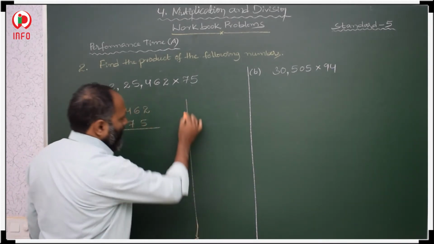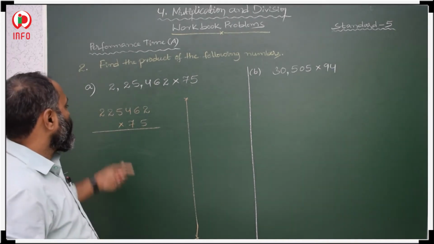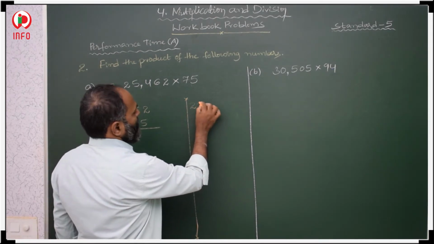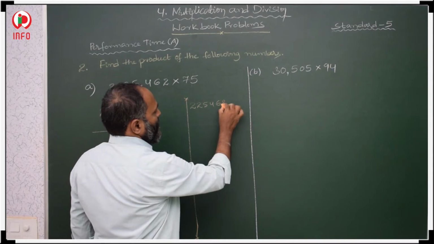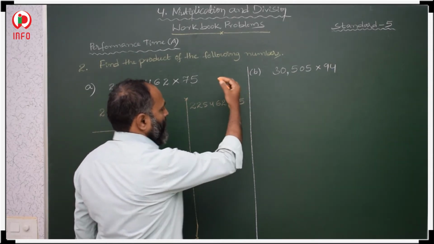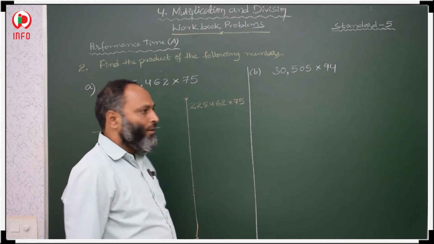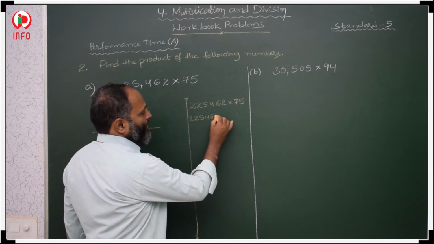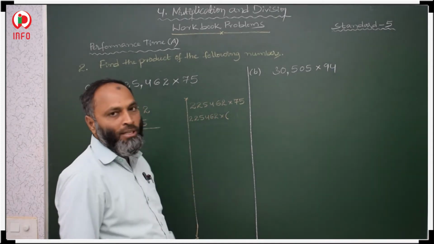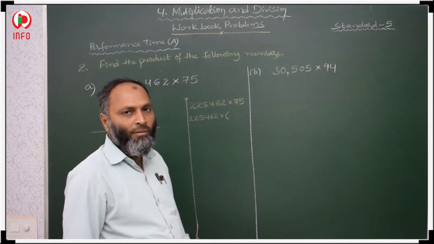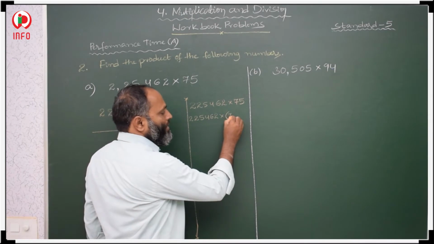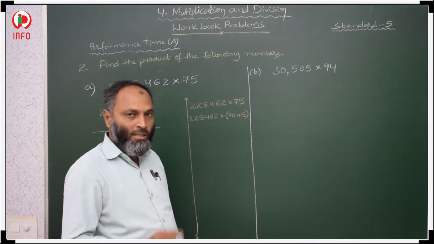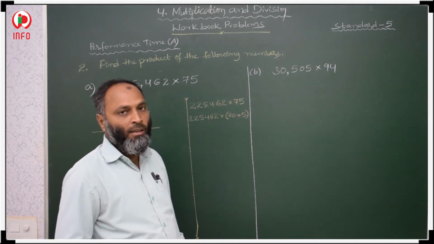In this way you have to make a rough column. 2,25,462 multiplied by 75. 75 means 70 plus 5, that is 70 ones plus 5 ones. It is 75.